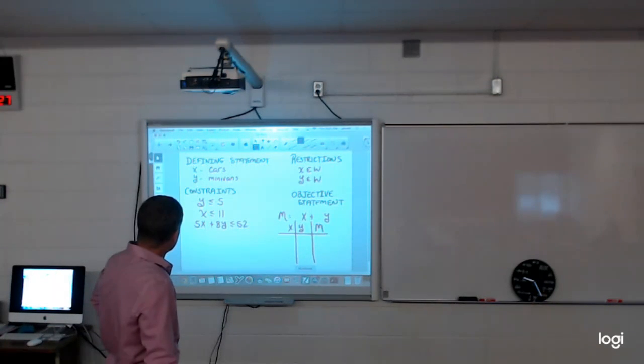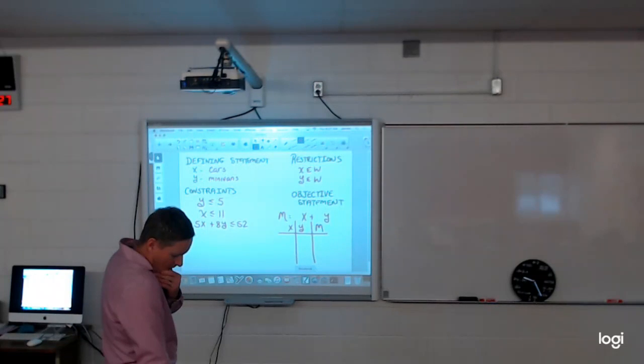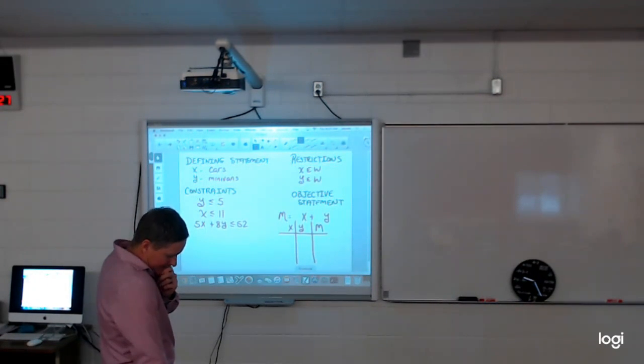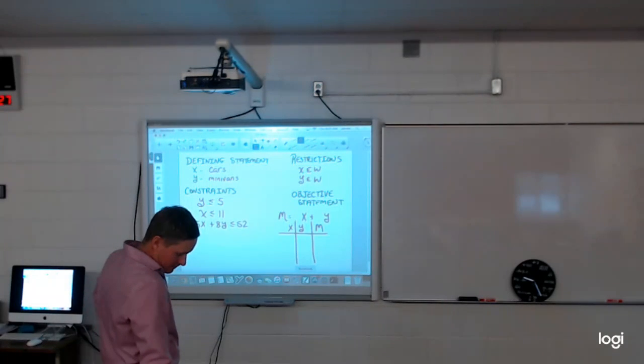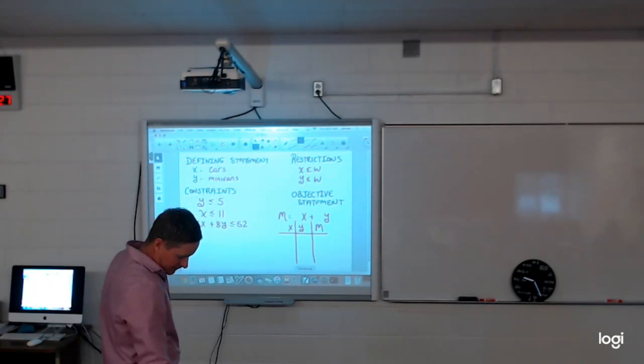It looks like we only have 2 things graphed. No, that's not right. Cars is less than or equal to 11, so that's x is less than or equal to 11. Minivans is less than or equal to 5. 5x plus 8y is less than or equal to 52.